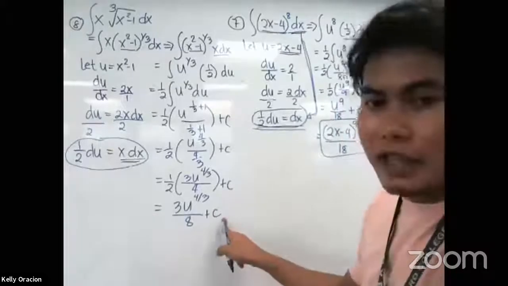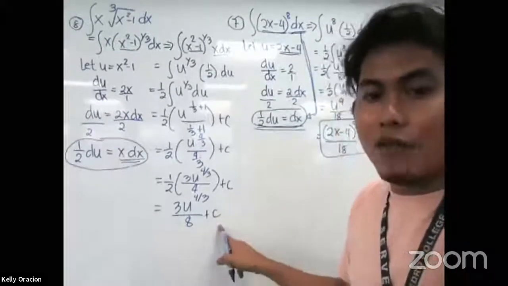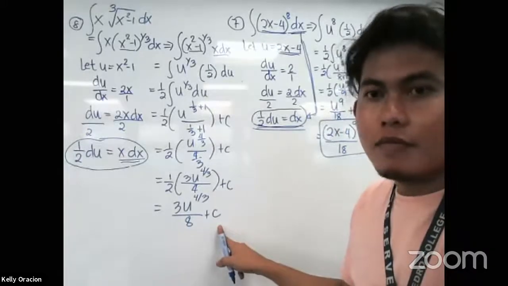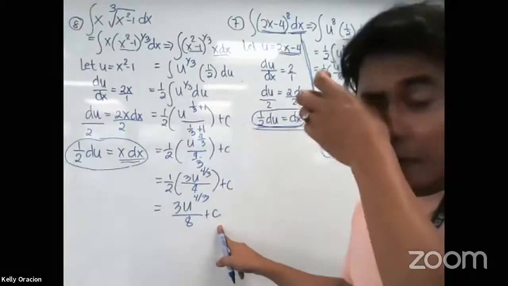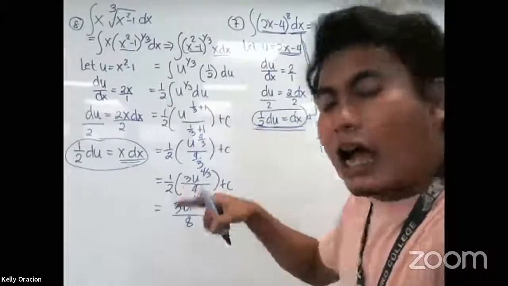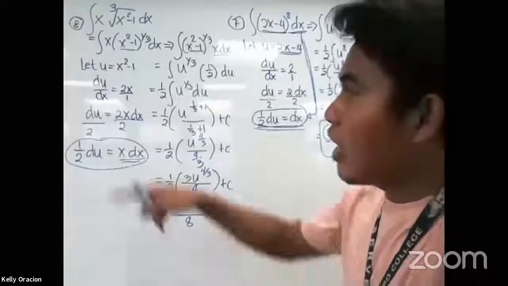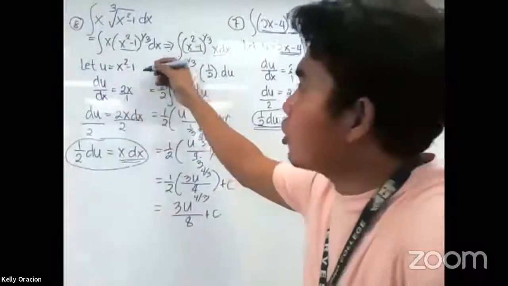So is this your final answer? The answer is no. This is not yet the final answer. Why is it not yet the final answer? Because it is still in u. You need to return it to the original given.